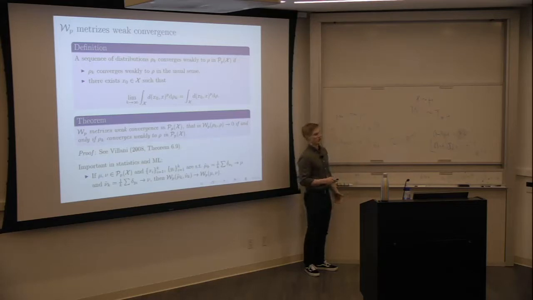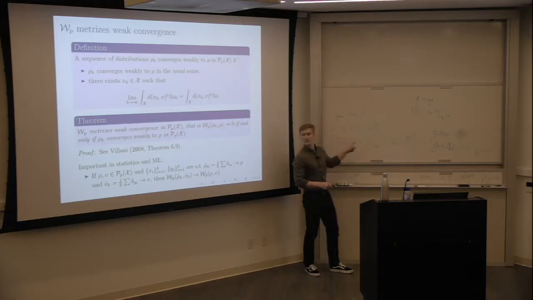Here's the definition: if rho_k is a sequence of measures in P_p(X) that converges weakly to rho, that is, it converges weakly in the usual sense, which we defined earlier, and its pth moment also converges, then this notion of convergence corresponds exactly to convergence in the Wasserstein distance.